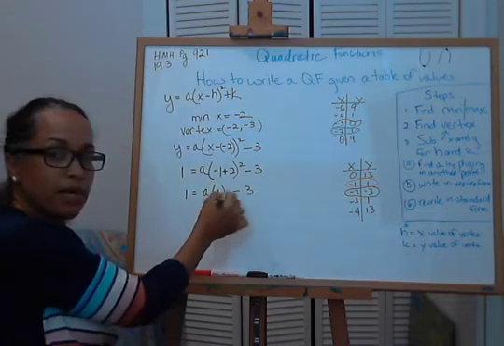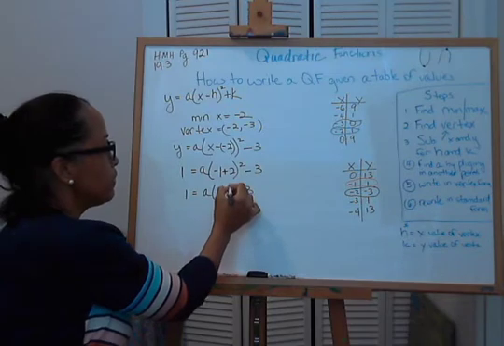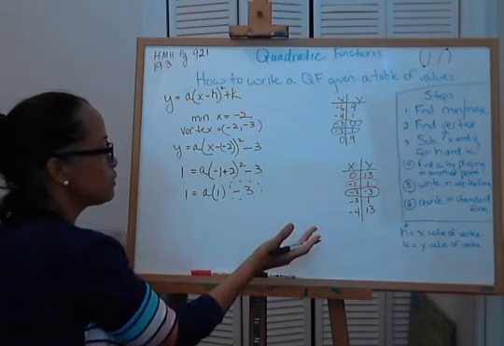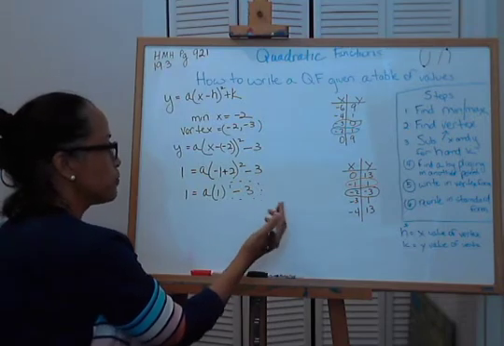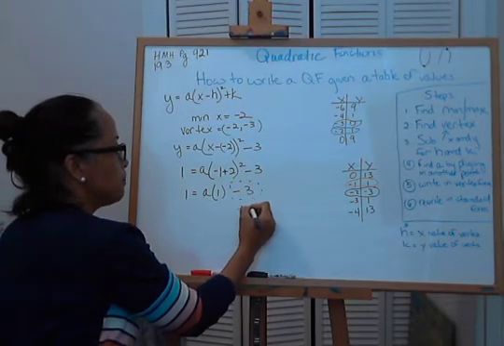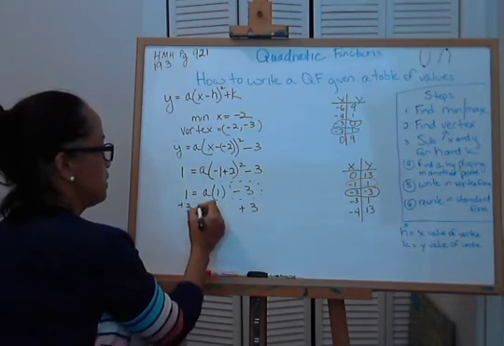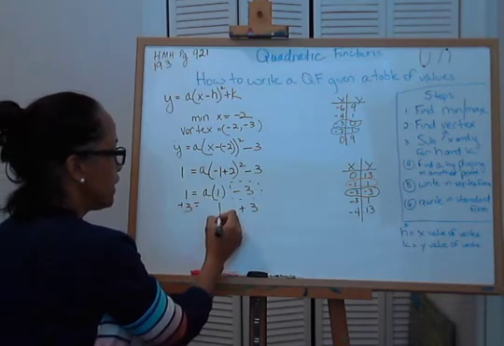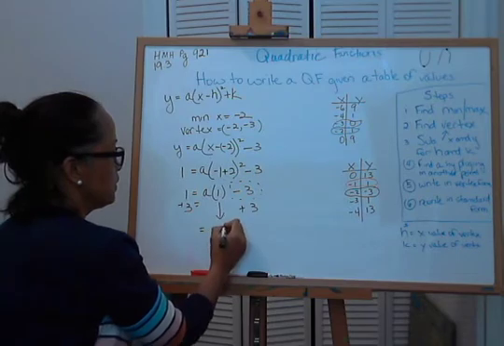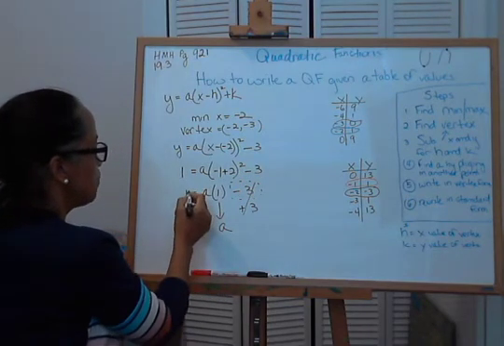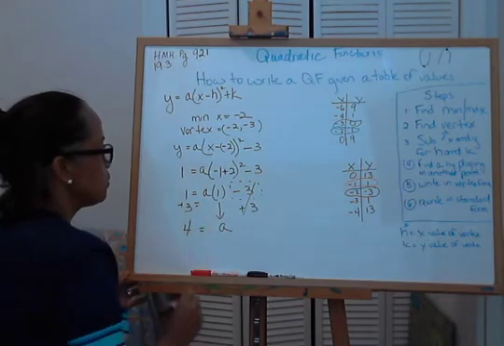I want to get a by itself, so I've got to get rid of this -3. What I'm going to do is the inverse operation of -3, which is +3 to both sides. So the a comes down. 3 plus 3 cancels out, and 1 plus 3 is 4.